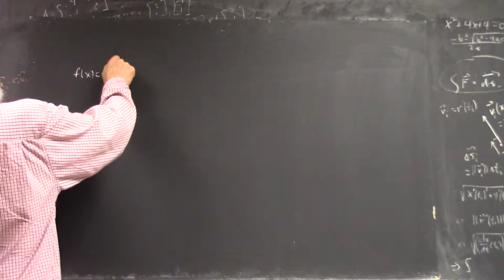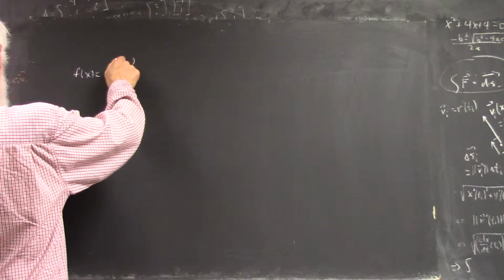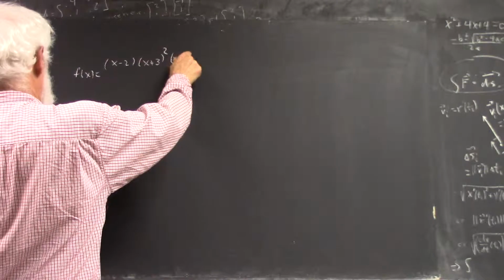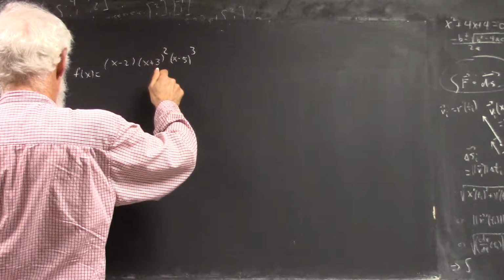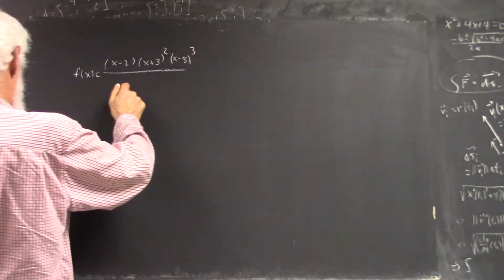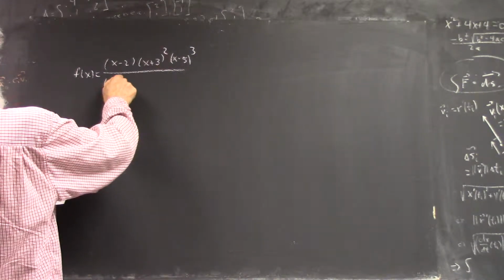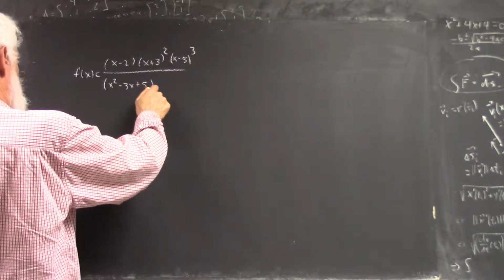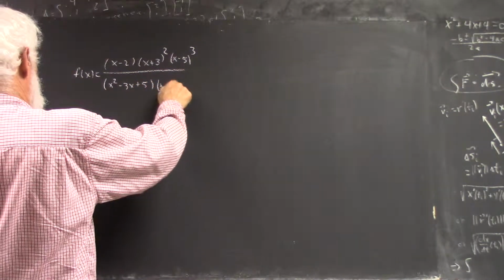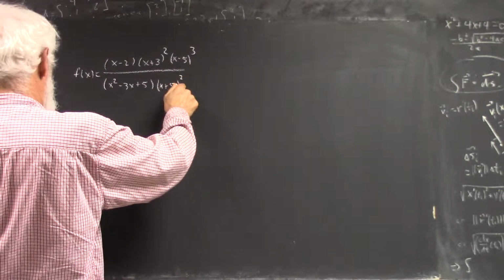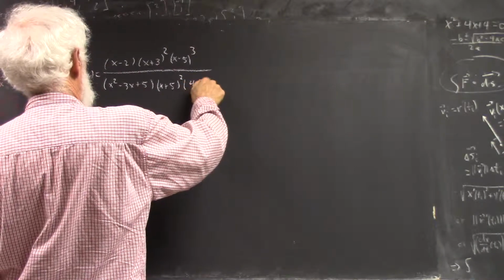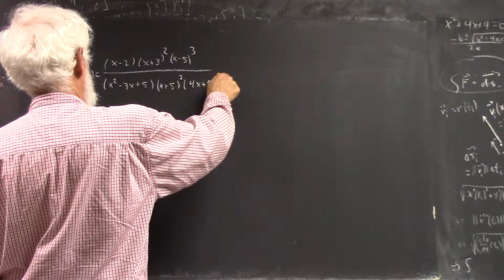Okay, let's see, I've got f of x equals (x minus 2) times (x plus 3) squared times (x minus 5) cubed over (x squared minus 3x plus 5) times (x plus 5) squared times (4x plus 5) cubed.